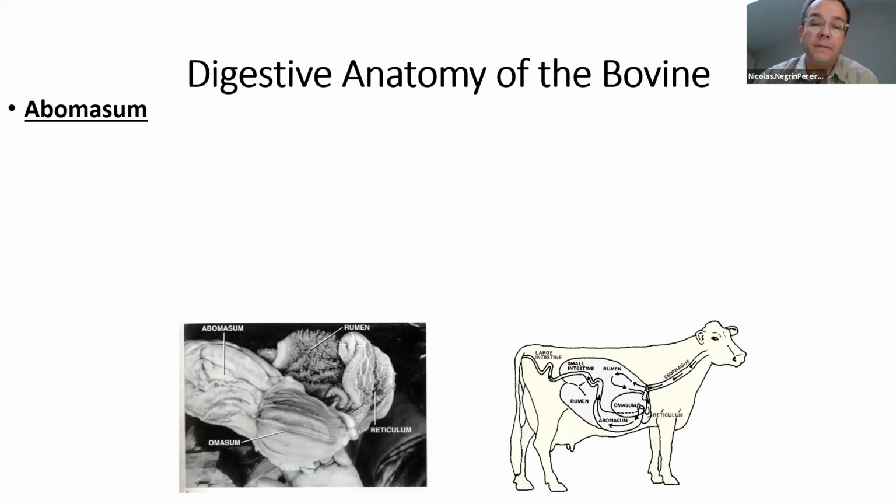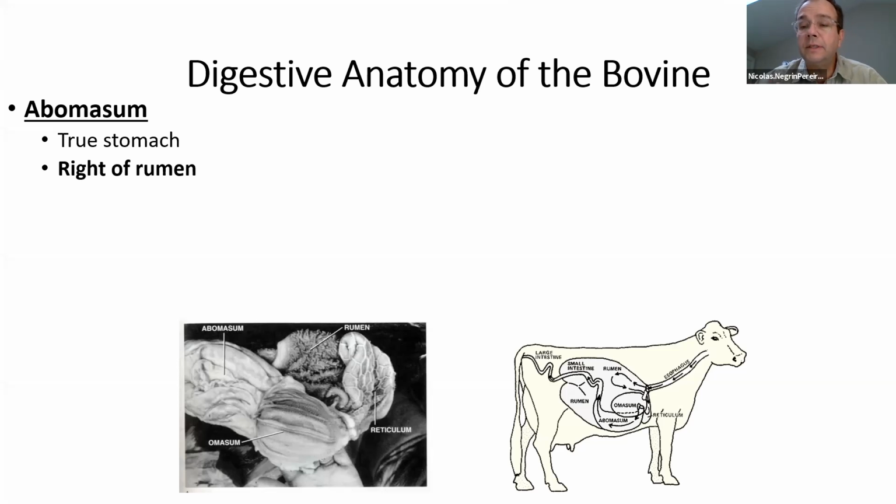And finally, we have the abomasum, sometimes called the true stomach, because it is a glandular stomach and produces the same enzymes and chemical compounds that we will find in a monogastric.